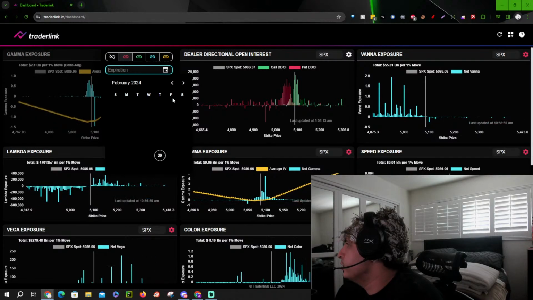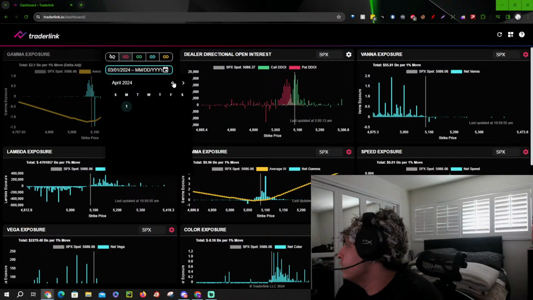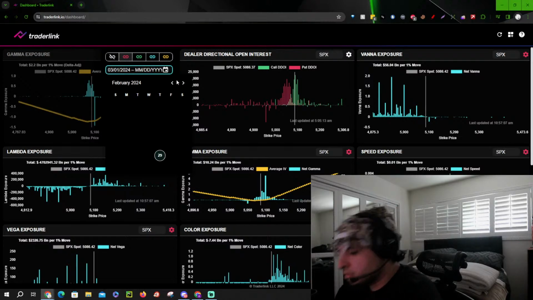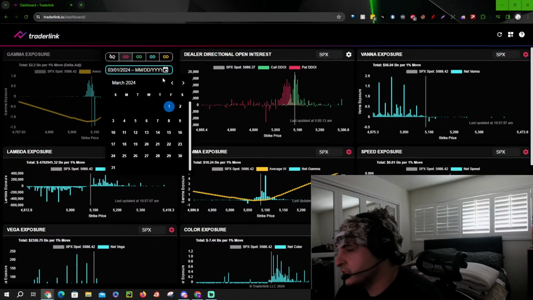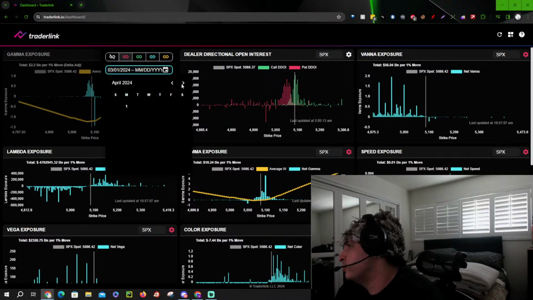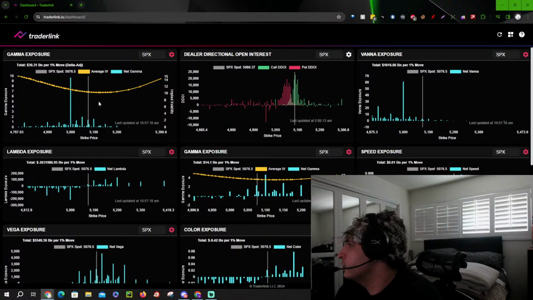Oh, it is a bug. All right, we'll get this fixed, but generally, yes, you should be able to select more than a month. I don't know why it goes to one date.